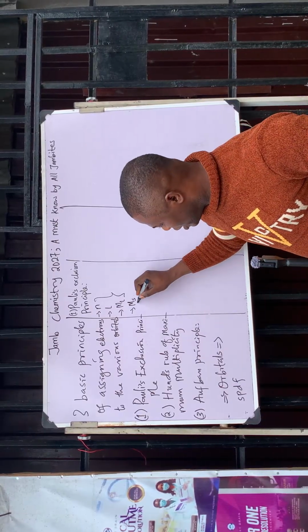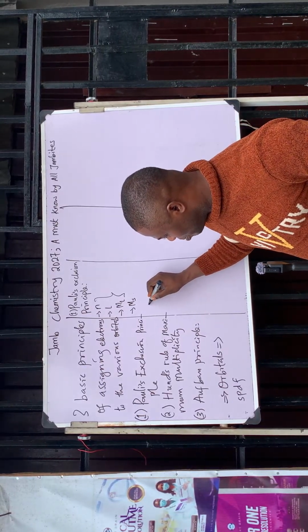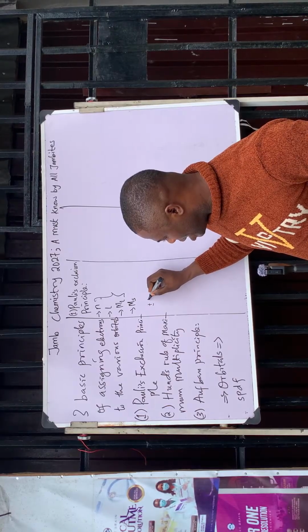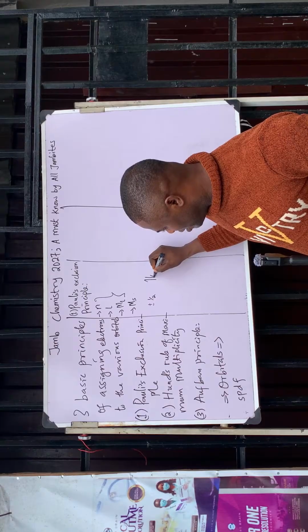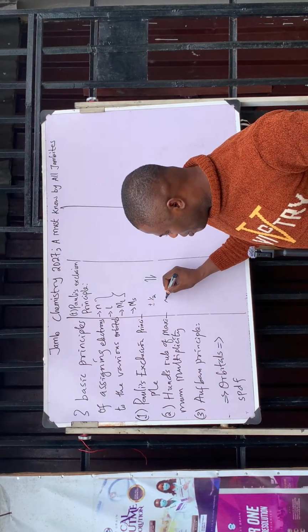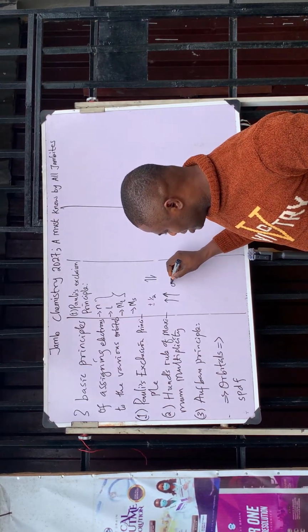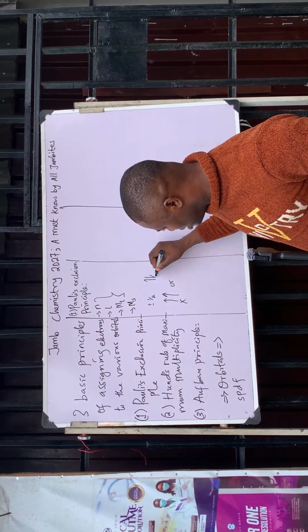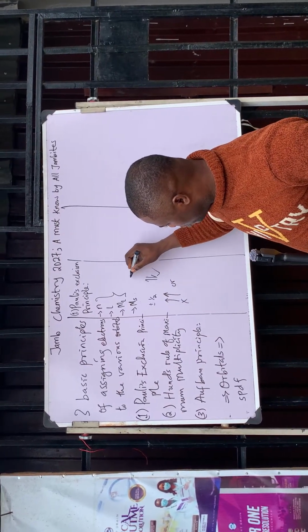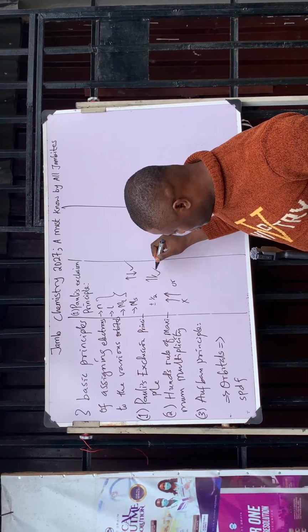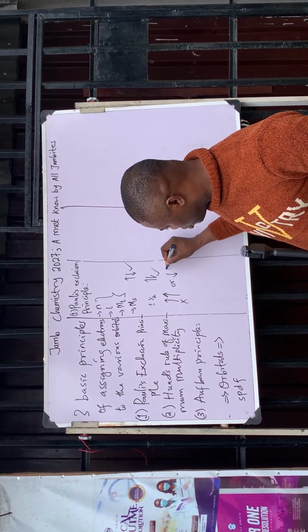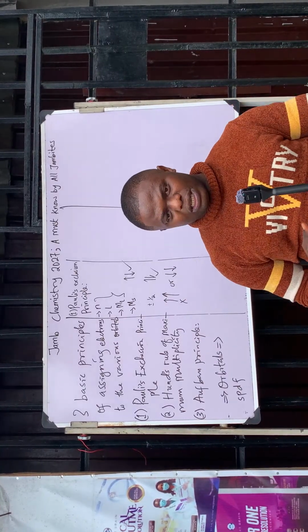When we talk about spin quantum number, spin can be either plus or minus half, which means an electron will face up or face down. But they cannot both face up at the same time. It's either this or this, but you cannot spin electrons in the same direction at the same time.